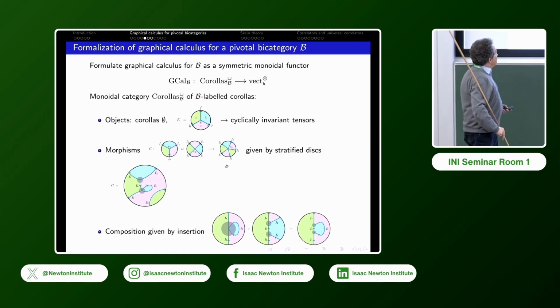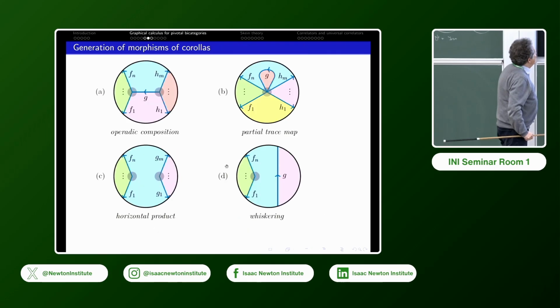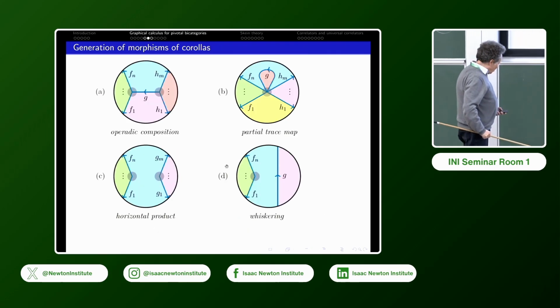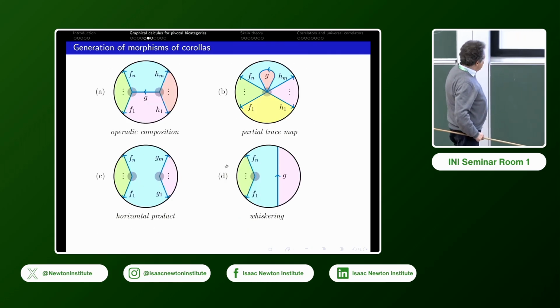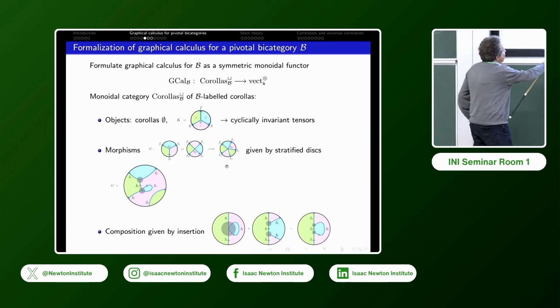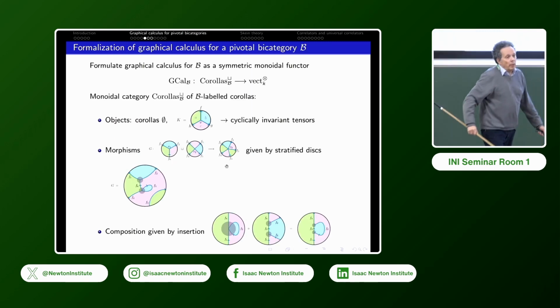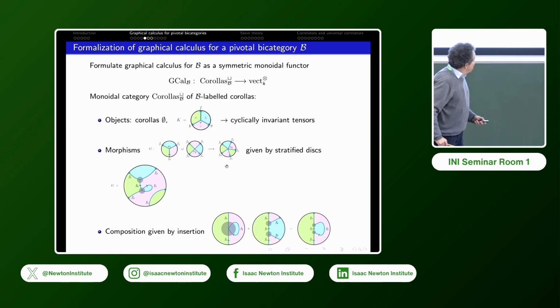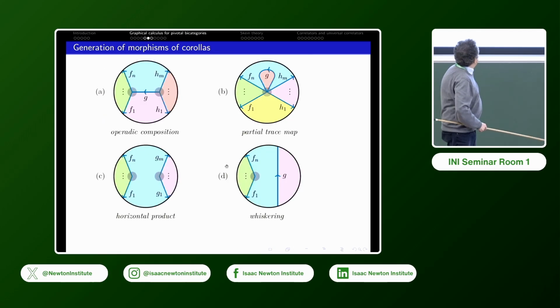Yeah, it works, and then it's a good idea, if you have such a gadget, to see: given such a morphism, can you build up this morphism from more elementary morphisms? This is a bit of a combinatorial problem.